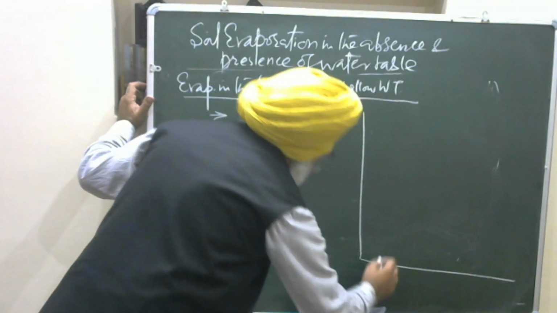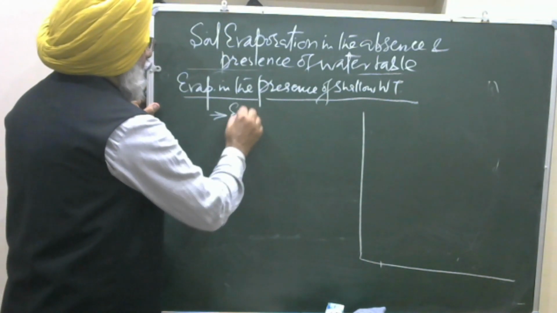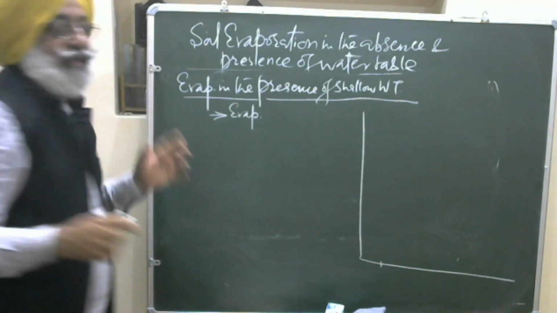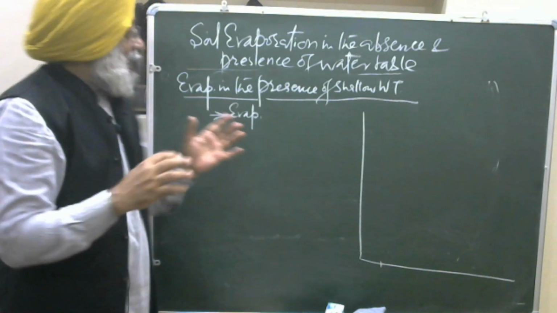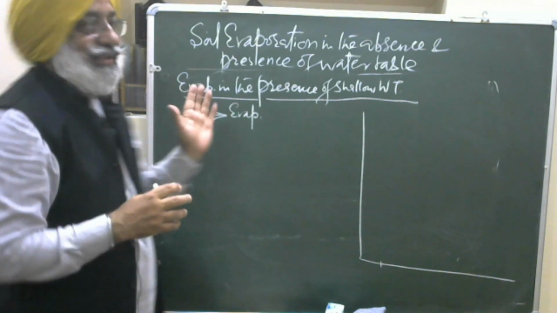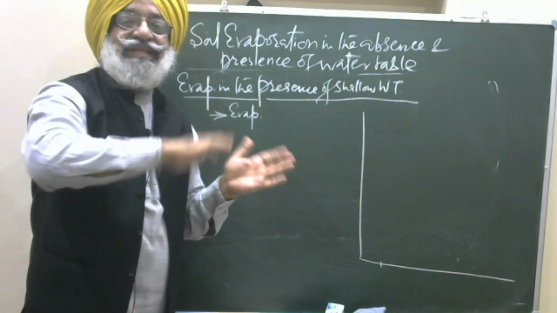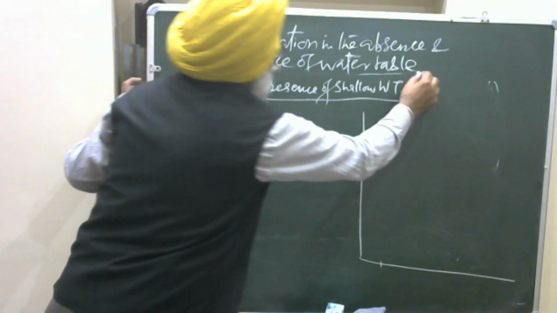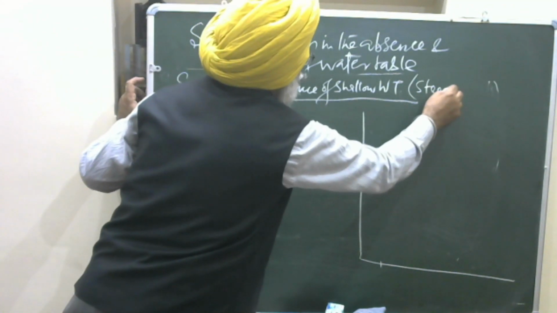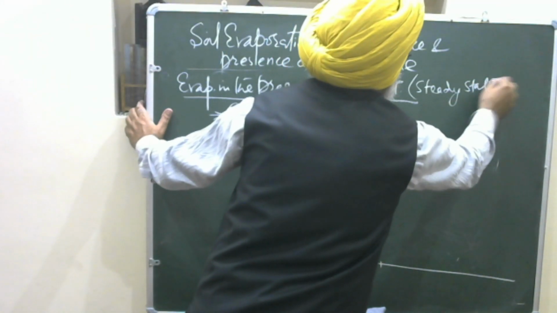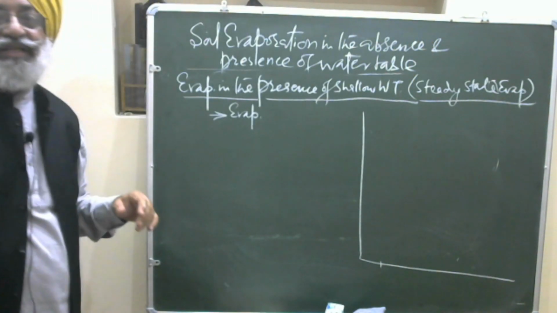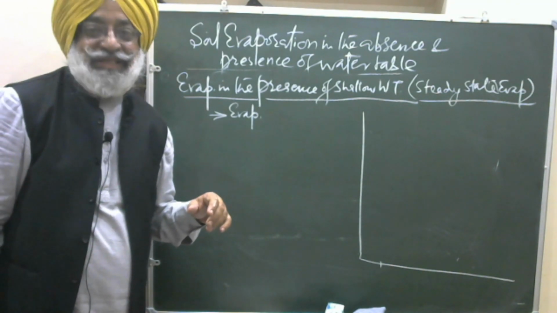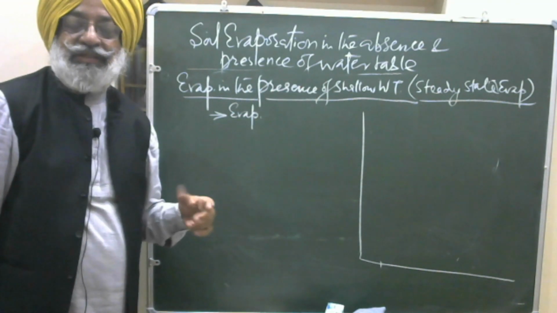Here evaporation again will take place in the form of 3 stages. But the difference is that in this case it could be steady state. We also call this steady state evaporation, that means evaporation taking place at a constant rate, because a shallow water table is there.